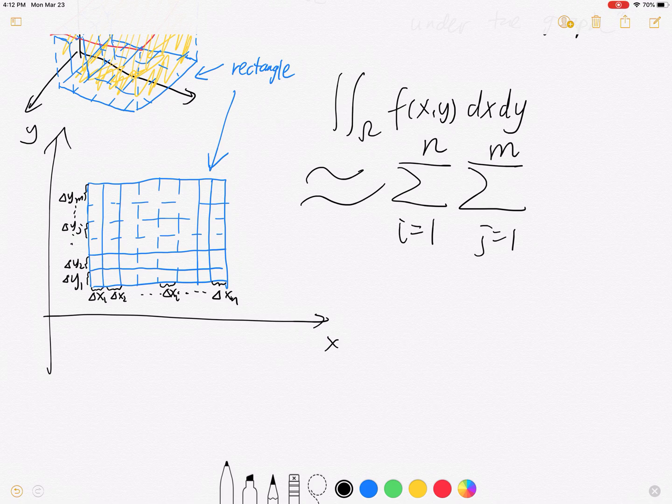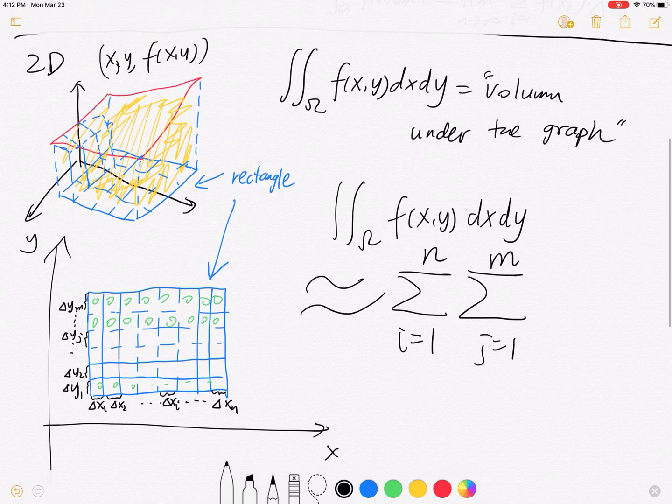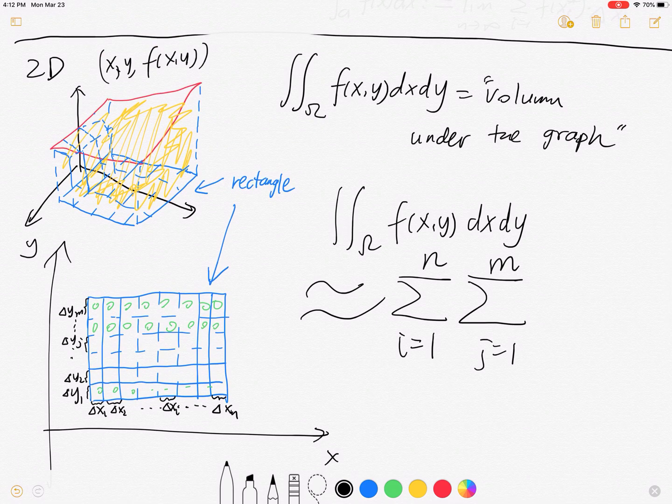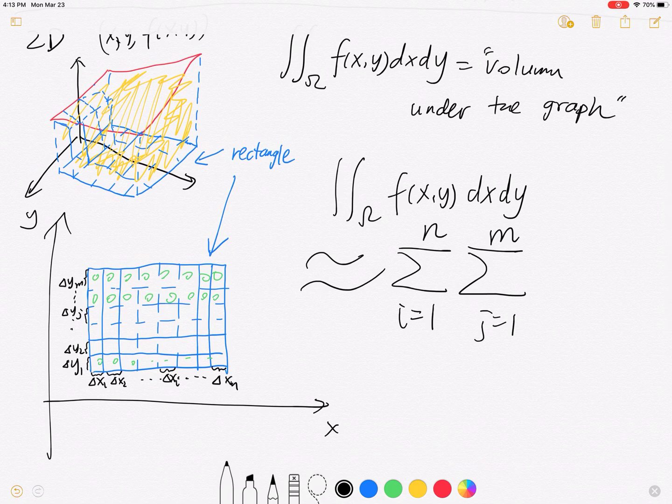So by this notation, you're summing over all these small rectangles. And for each one, since you have a three-dimensional rectangular box, the volume is delta xi times delta yj times the height.